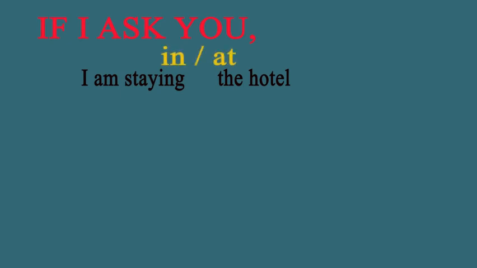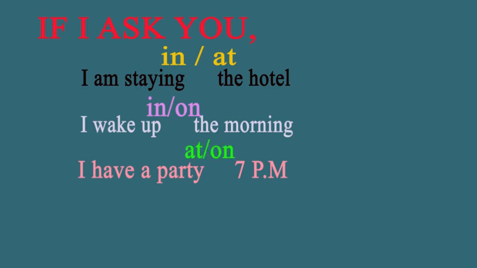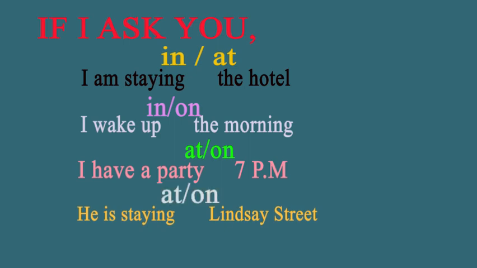Now if I ask you, I am staying in a hotel or at the hotel. I wake up in the morning or on the morning. I have a party at 7 p.m. or on 7 p.m. He's staying at Lindsay Street or on Lindsay Street.